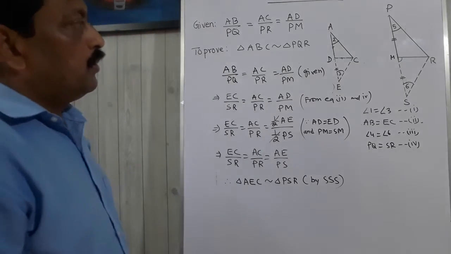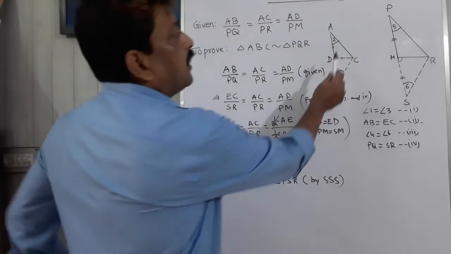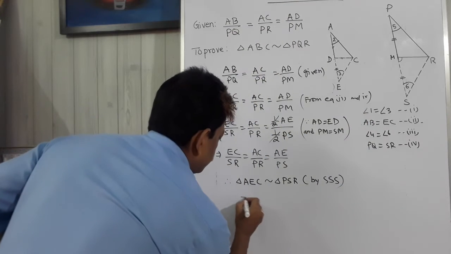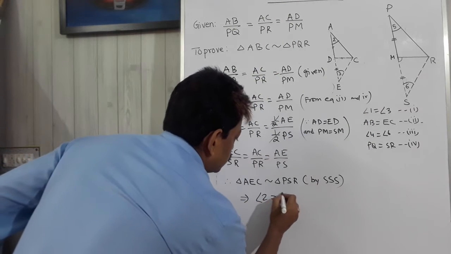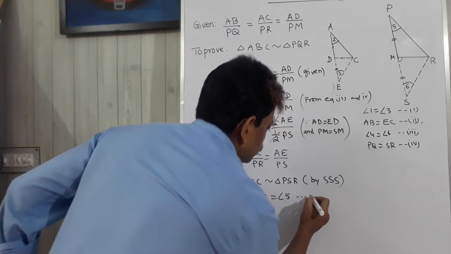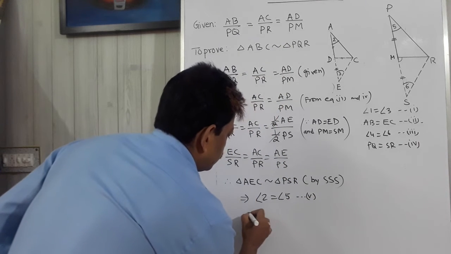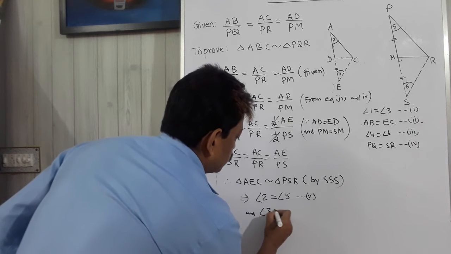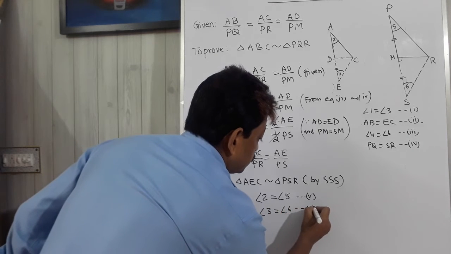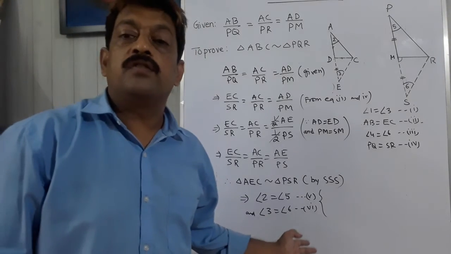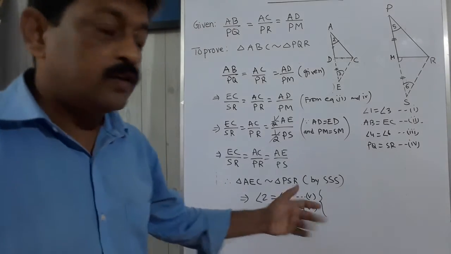Understood? Therefore we can write angle 2 is equals to angle 5 and angle 3 equals to angle 6. This is equation number 5, and this is equation number 6, and the reason will be corresponding angles of similar triangles are equal.